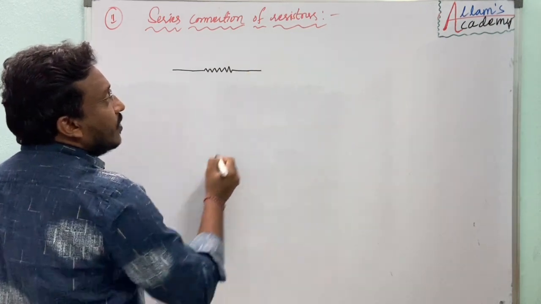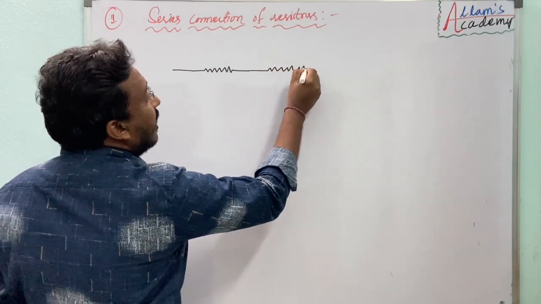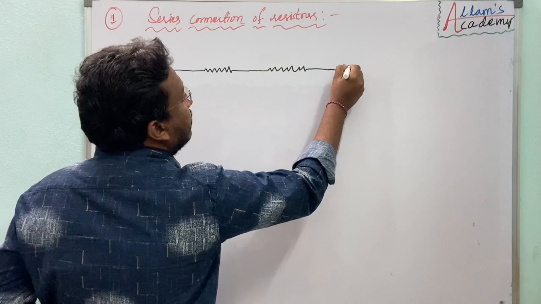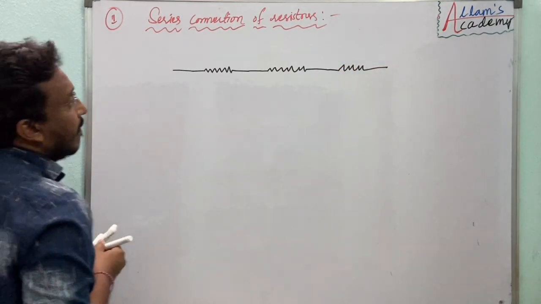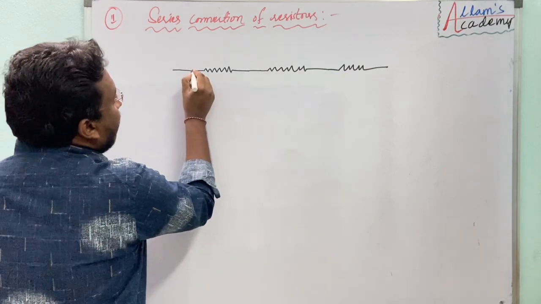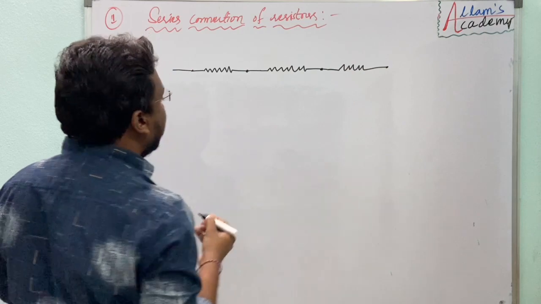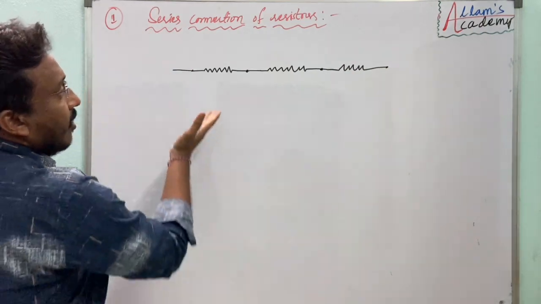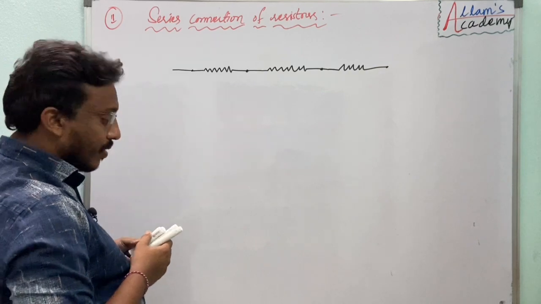I have taken 3 resistors and all 3 are connected in a single wire. See here? This kind of connection is called a series connection. Alright?